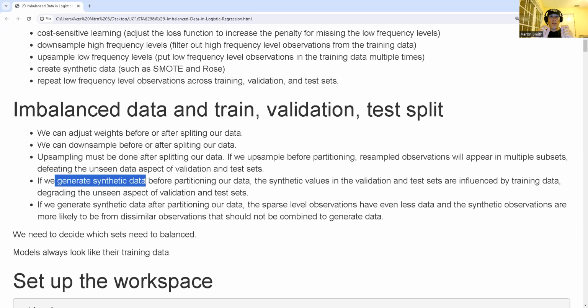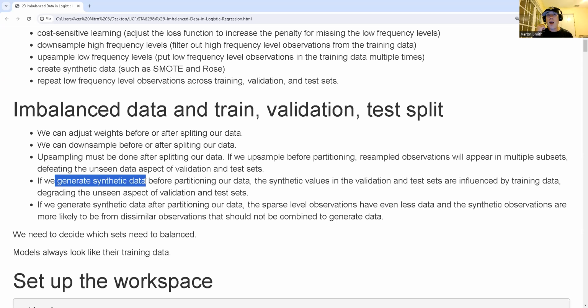Now, if that synthetic data point is inside the training set, then it's effectively repeated because it's influenced by the validation data. The validation data had some impact on that data point. Therefore, we are contradicting the unseen aspect of our validation data. This is definitely an aspect that we don't like to have.